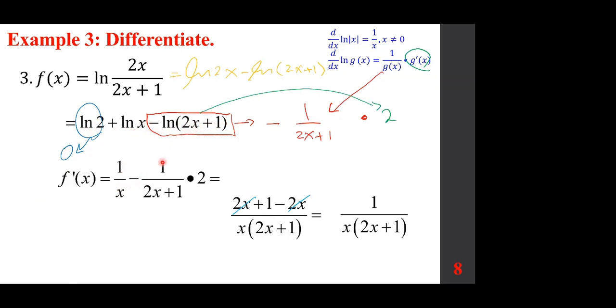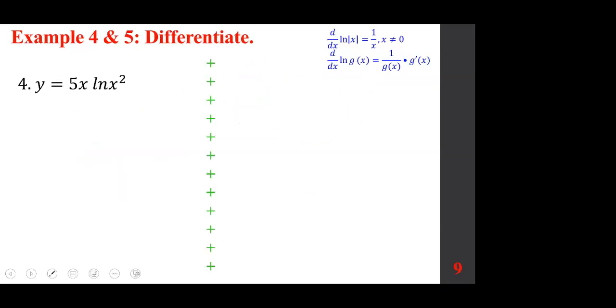Flip this over, 1 over 2x plus 1. And now by the chain rule, you need the derivative of 2x plus 1, g prime of x. This is g of x. The derivative of 2x plus 1 is 2. And then you put them together using your algebraic techniques and finish the job.